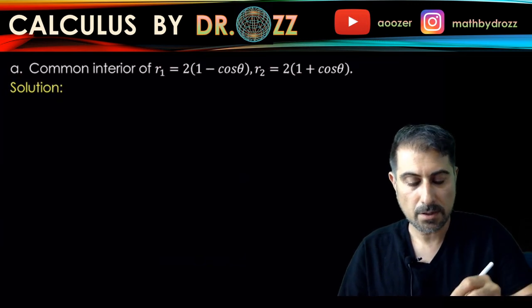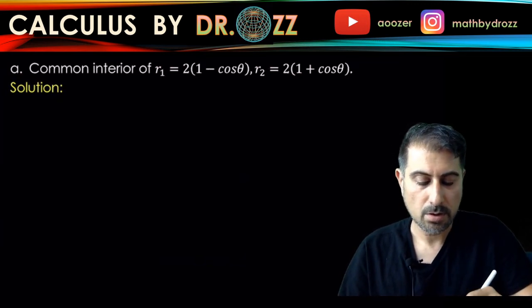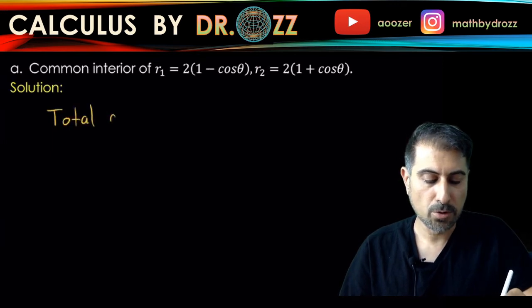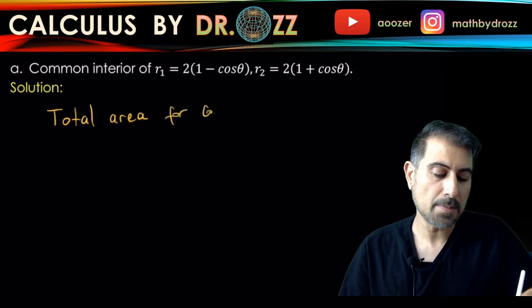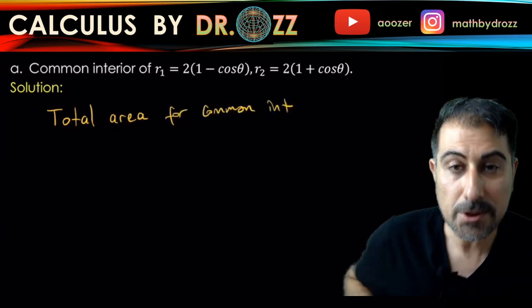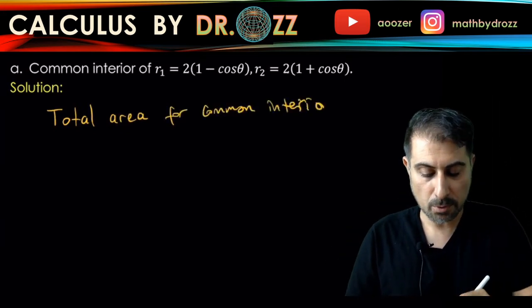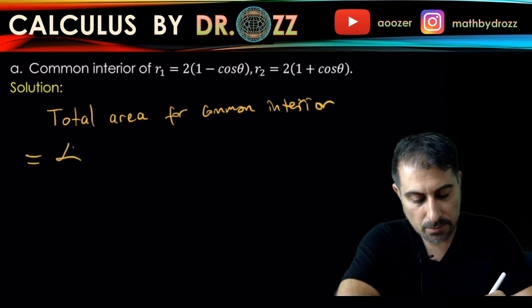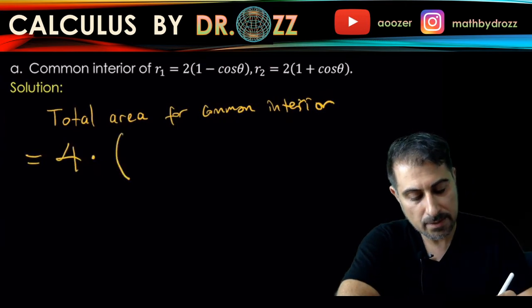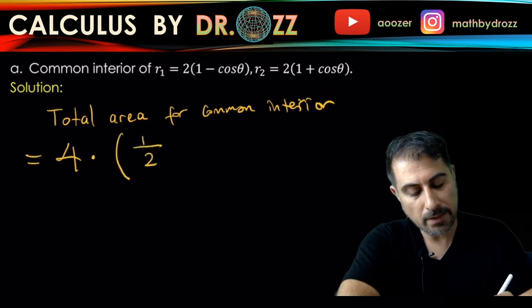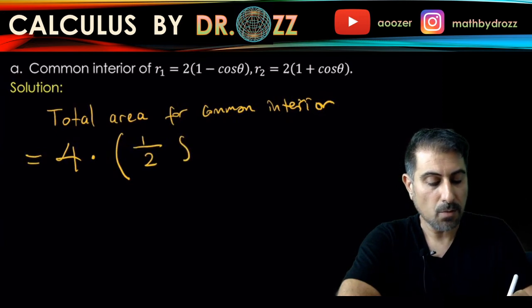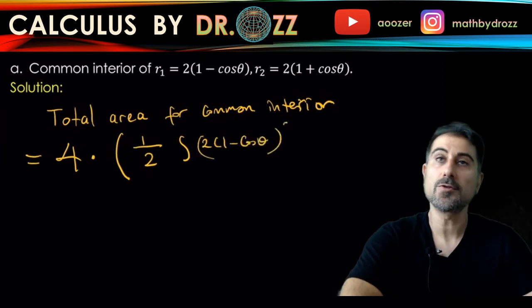All right, so I'm going to write the total area for the common interior to be equal to 4 times the area of that little piece over there, and that is for integrating R1, which is 2 R1 squared, in fact, in the formula, from 0 to pi over 2.